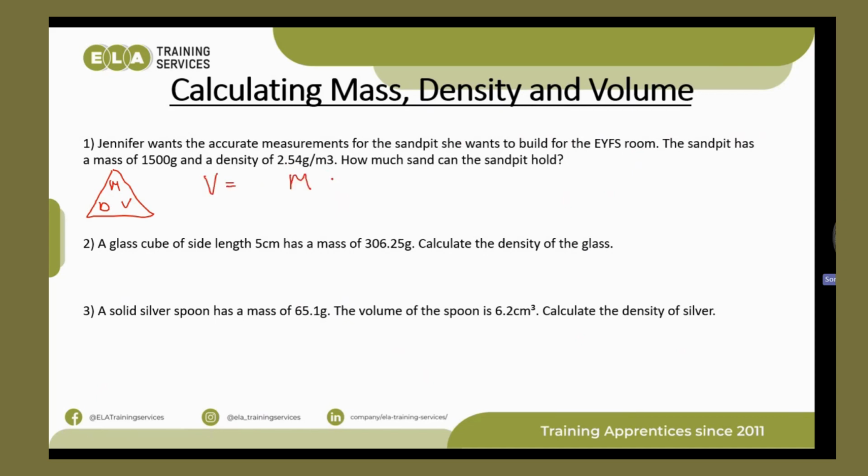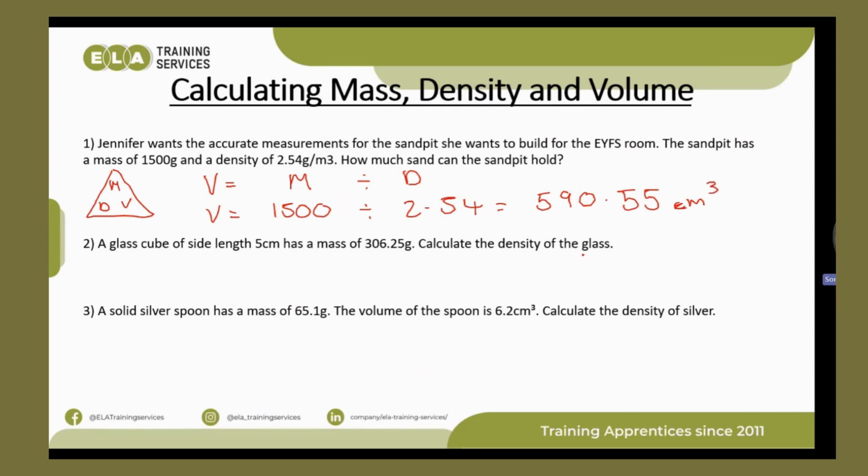So we're going to do mass divided by density. So our mass is 1,500 and our density is 2.54. We're going to pop that into our calculator and gives us 590.55 centimetres. Oh, sorry, it is meters there.